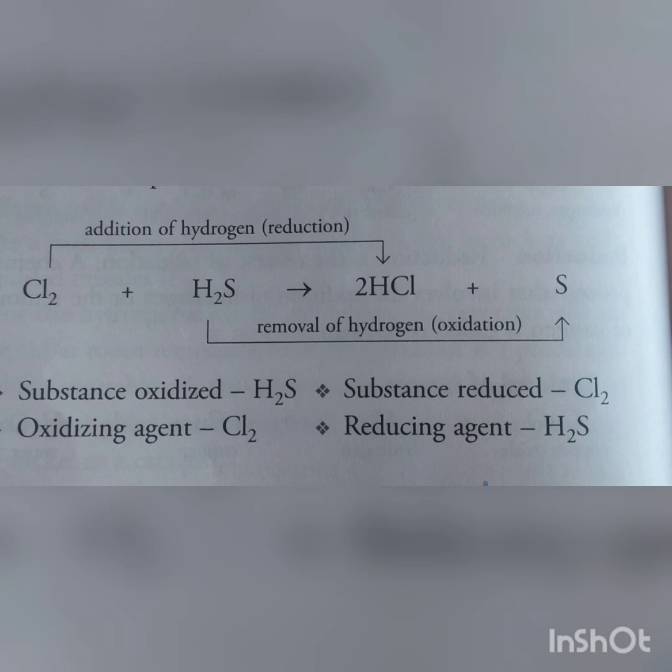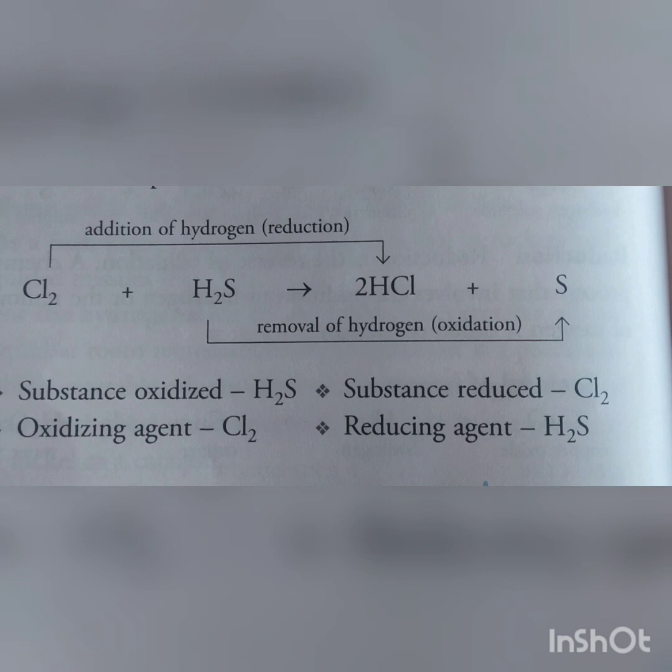So there is reduction of chlorine. And H2S forms S. That means hydrogen is being removed from sulfur. So removal of hydrogen leads to oxidation. So chlorine is reduced whereas sulfur is oxidized. So it is a redox reaction.